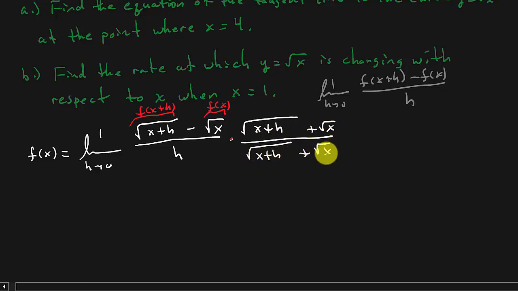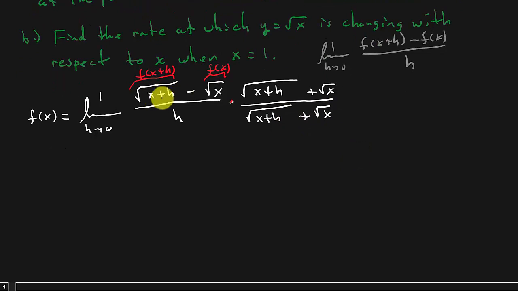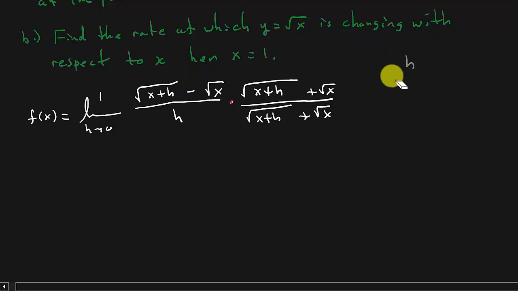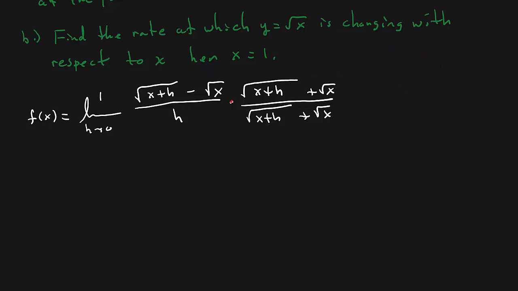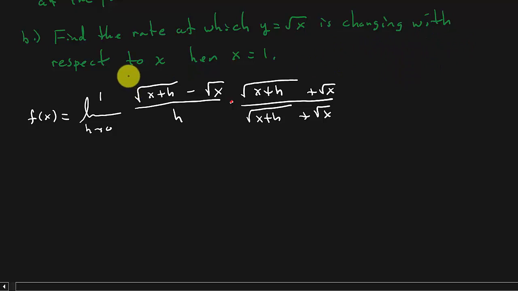Okay, now remember this up here, this thing that I'm multiplying together. Let me erase all this so I can have room to write. This stuff right here that I'm multiplying together, remember this is like a minus b times a plus b, which is equal to a squared, not plus, a squared minus b squared.